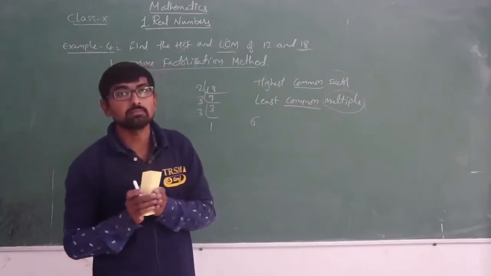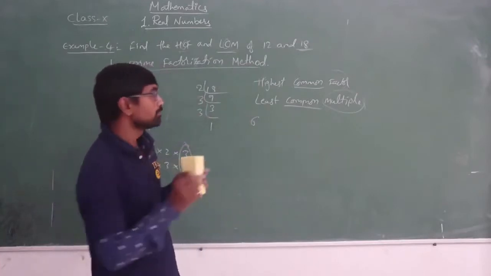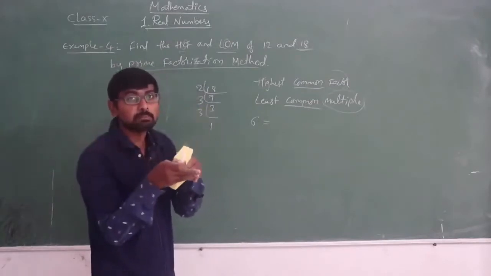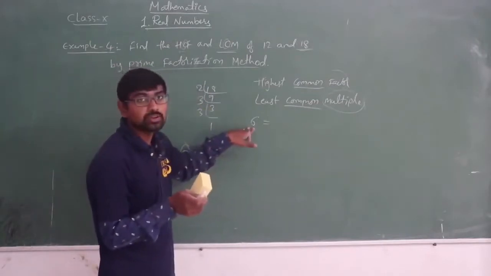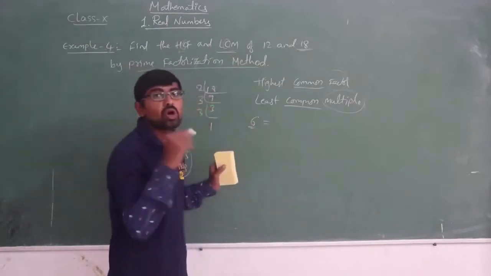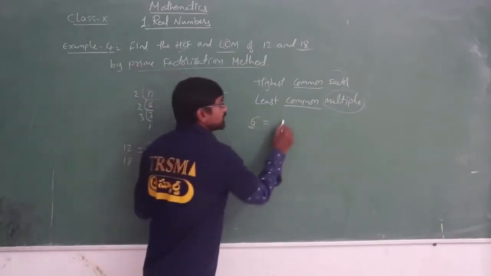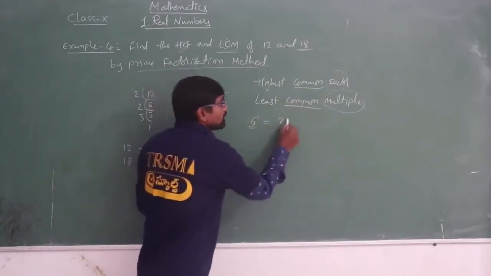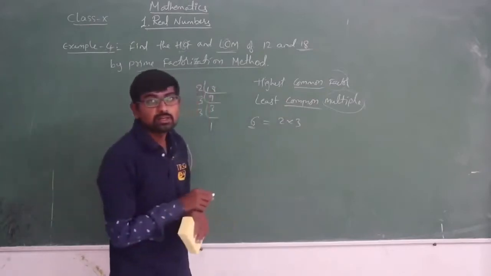The factors are nothing but the numbers which, when multiplied, give the given number. If I take 6, in which tables will I get 6? I will get it in the 1 table, 2 table and 3 table, isn't it? So here I can write this as 2 into 3.